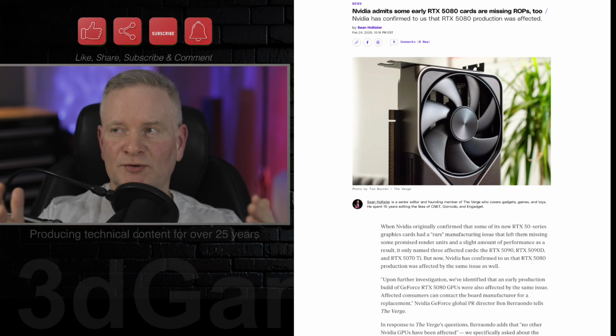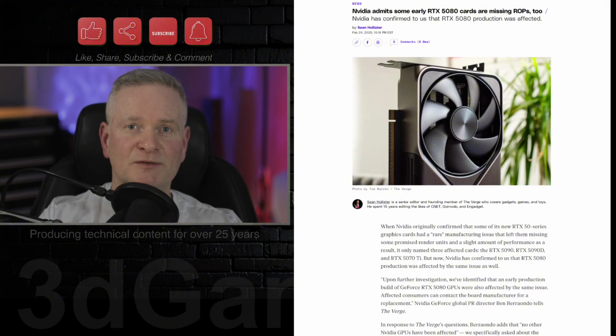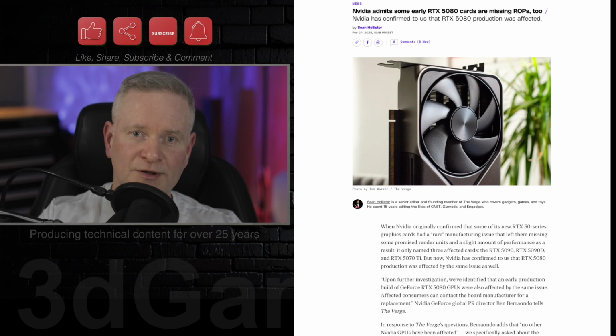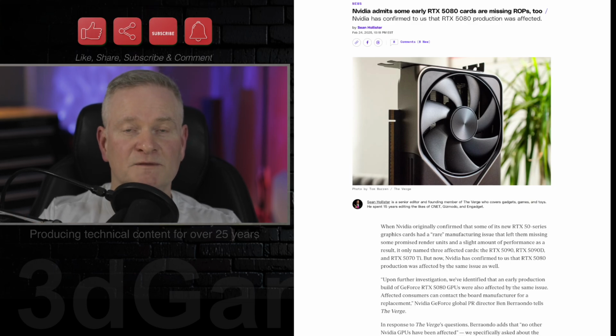So now let's jump into this article where they're talking about missing ROPs in pretty much all the NVIDIA 50 series video cards: the RTX 5090, the 5090D, that's the Chinese version, the 5080, as well as the 5070 Ti.